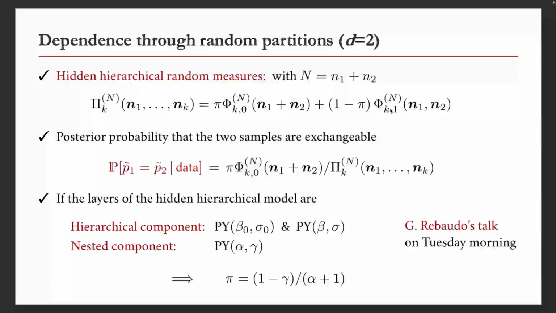So independence is not attained in the limit. And again, you can compute a posterior probability that you can achieve complete dependence or full exchangeability by evaluating this simple ratio. And you will see an application of this in Giovanni Rebaudo's talk on Tuesday morning with reference to the PYP process.